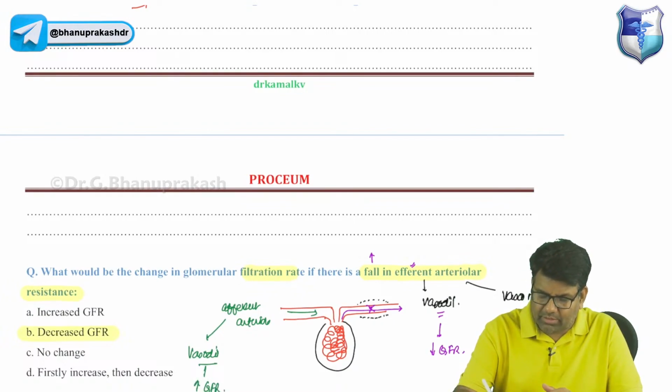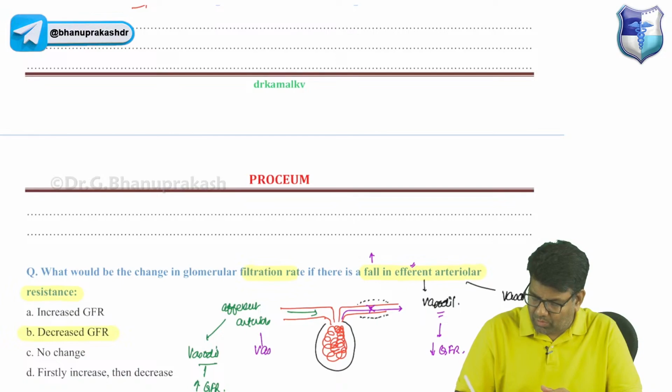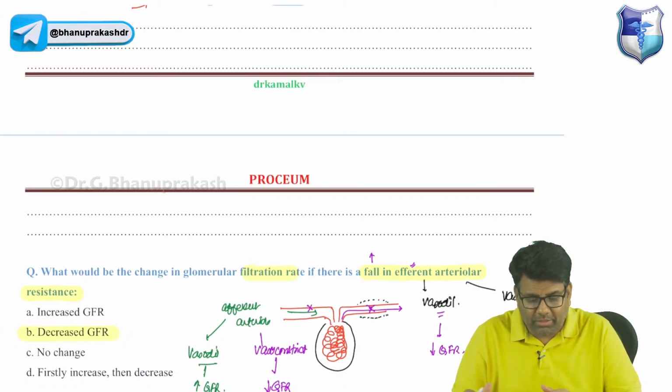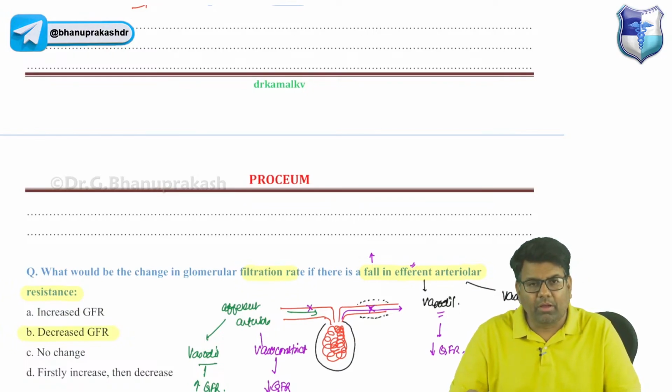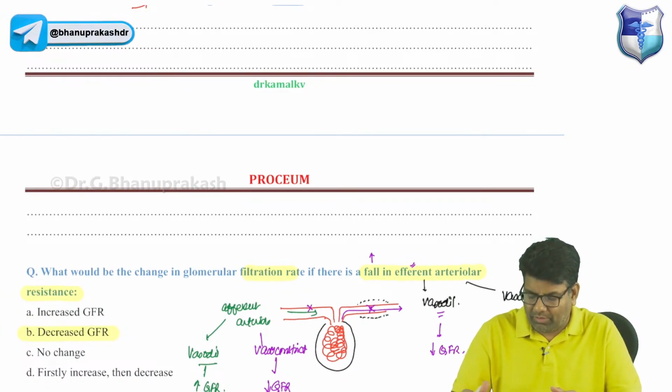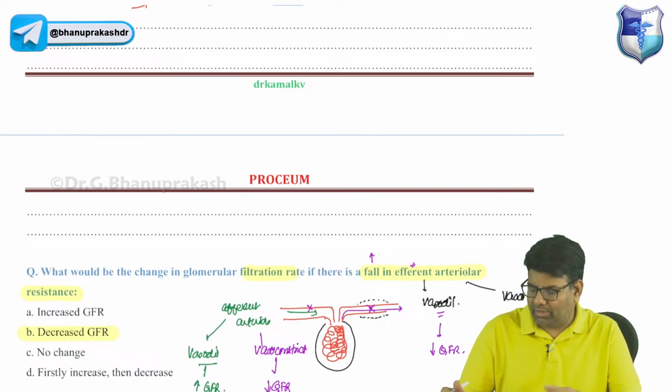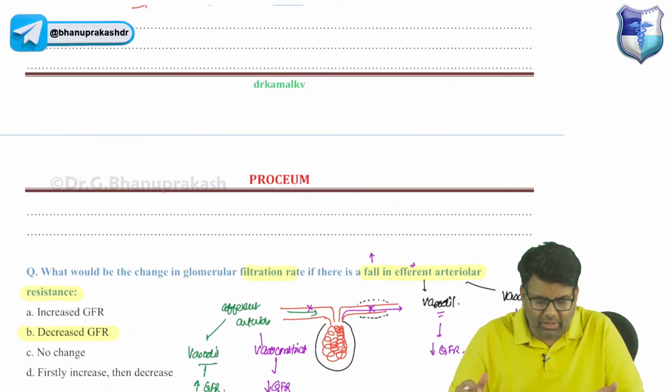And if there is vasoconstriction, there will be less blood flow to the glomerulus, so there is less GFR. Clear? So please remember this relationship of afferent or efferent arteriole with respect to the state of their muscular activity, whether there is vasodilation or constriction. Clear?